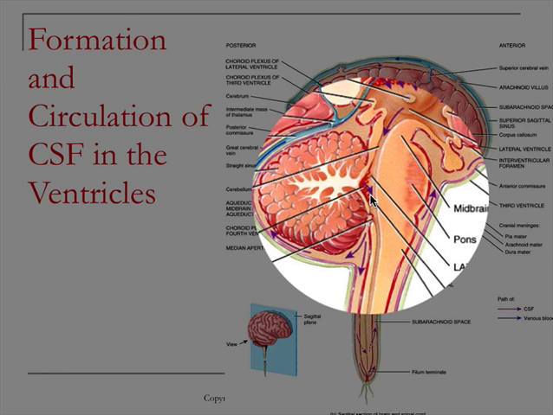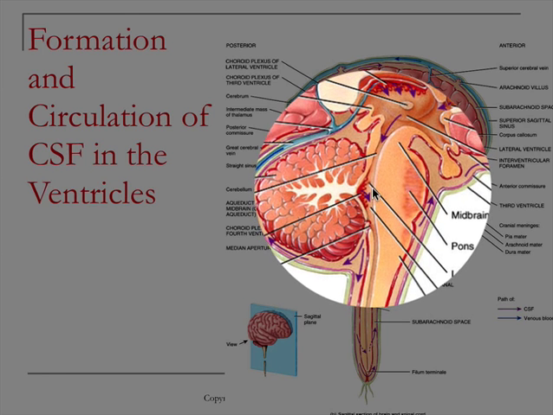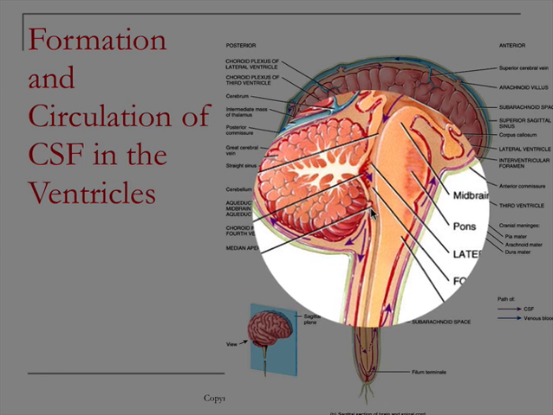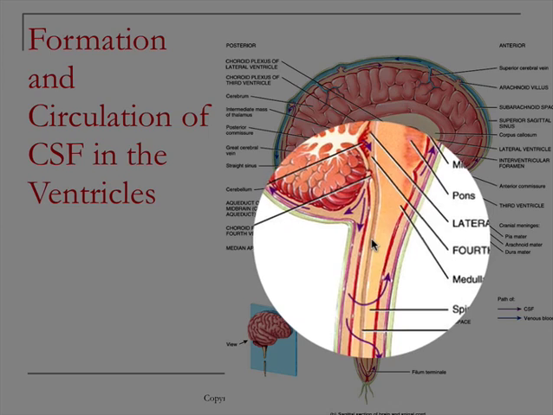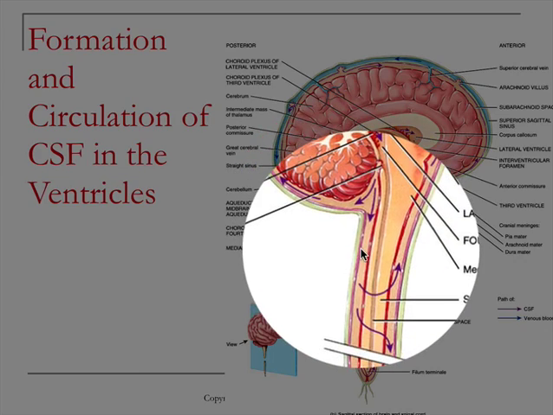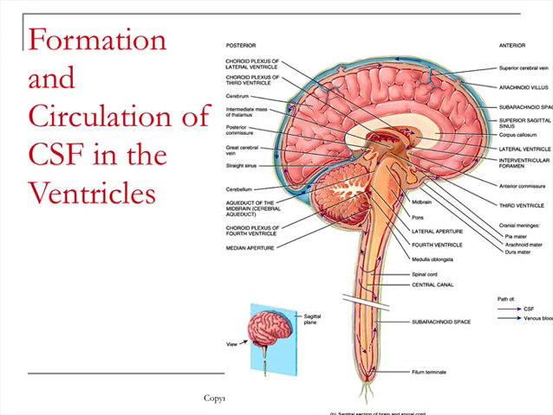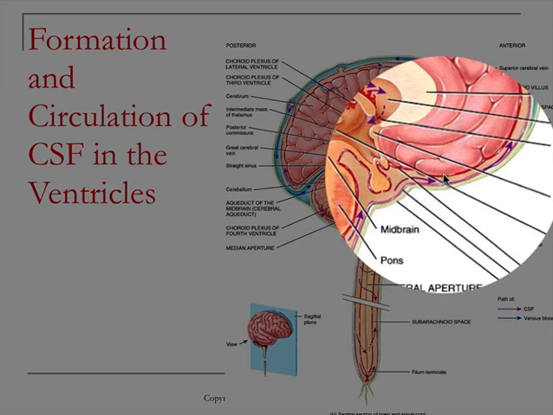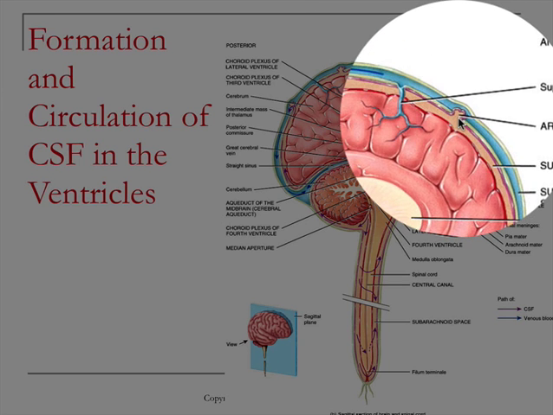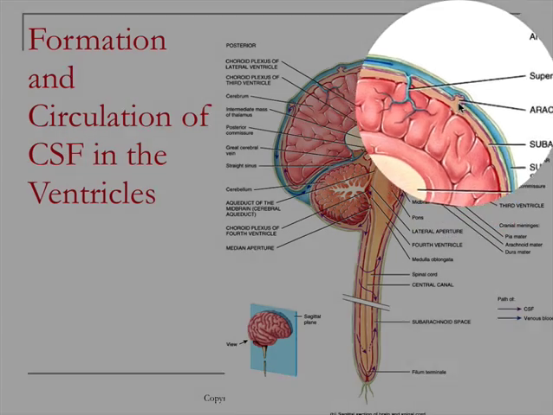The fluid from there then travels through two lateral apertures and through a median aperture, and the fluid from there then goes into the central canal of the spinal cord and also goes into the subarachnoid space that surrounds both the brain and the spinal cord. As we can see from this diagram, the cerebrospinal fluid of the subarachnoid space is found here, and then it enters these structures, one shown here, called an arachnoid villus.